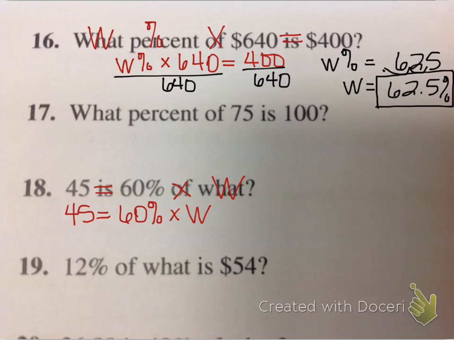Again, I'm going to have to divide because it's a multiplication equation. Now instead of the percent, let's just go ahead and convert that to our decimal. So we really need to do 45 divided by 0.60, which ends up being 75.